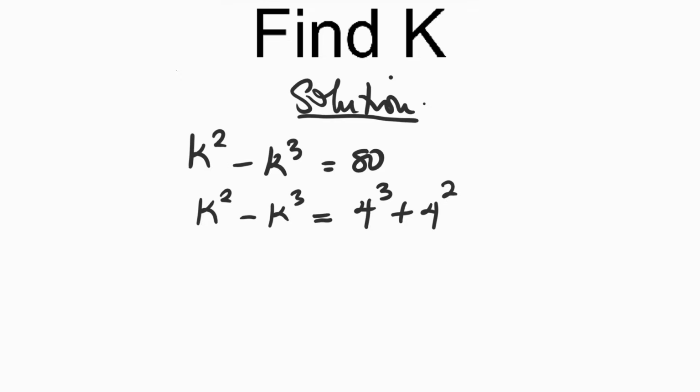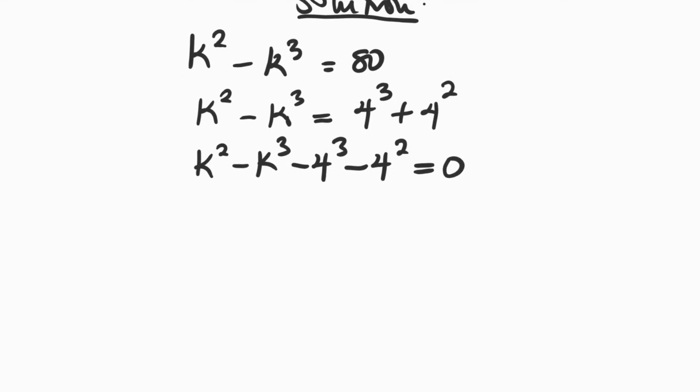Now we're going to move the right hand side to the left hand side and then pair up similar powers. So now we have k squared minus k cubed minus 4 cubed minus 4 squared equals 0. Now let's collect like powers. k squared minus 4 squared minus k cubed minus 4 cubed equals 0.